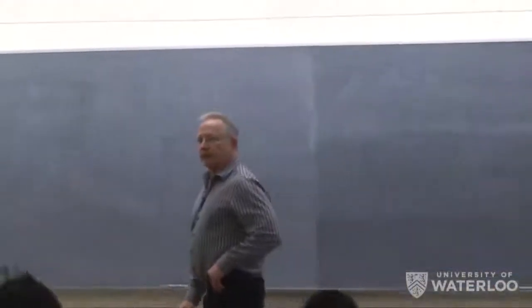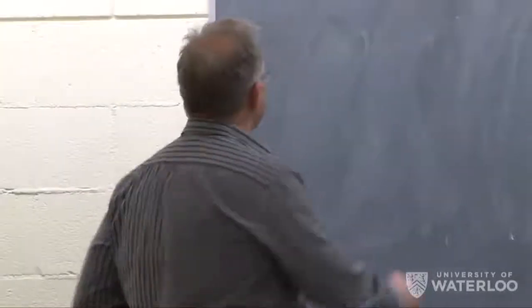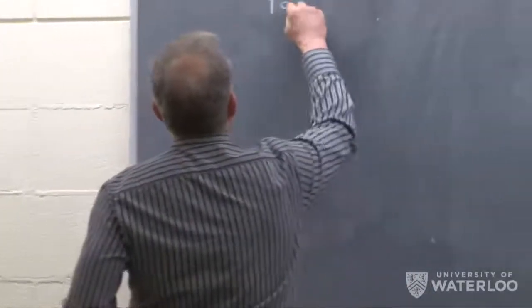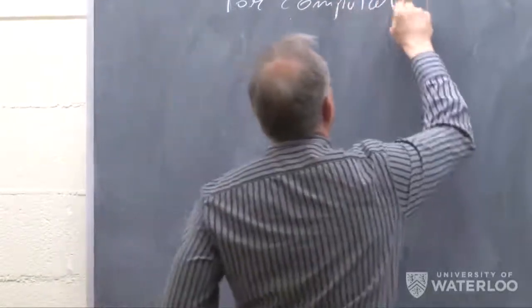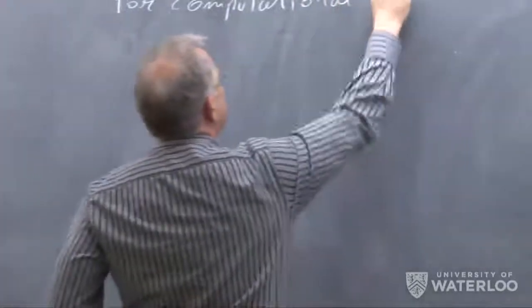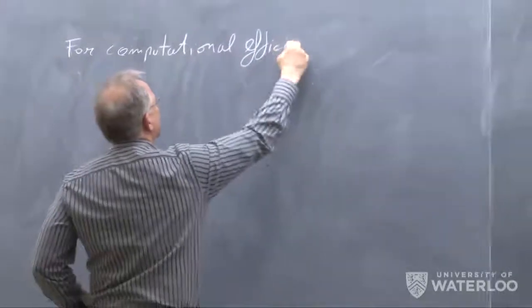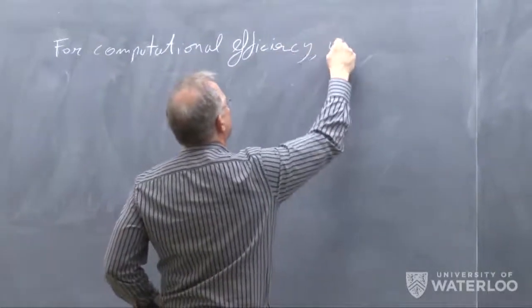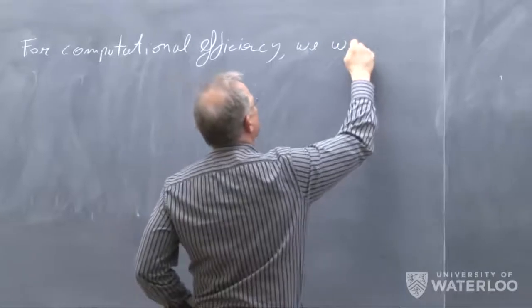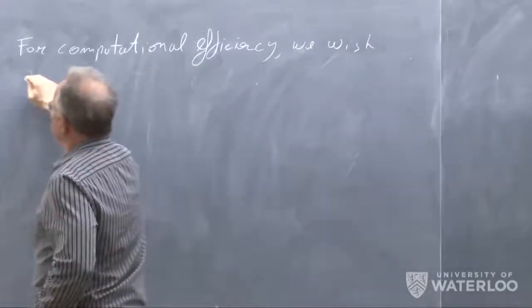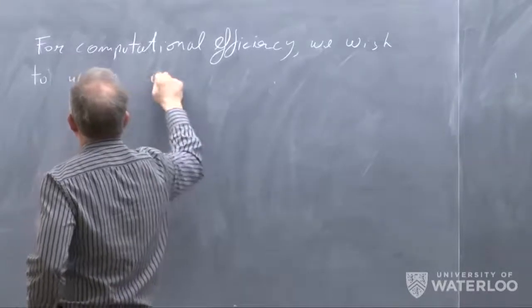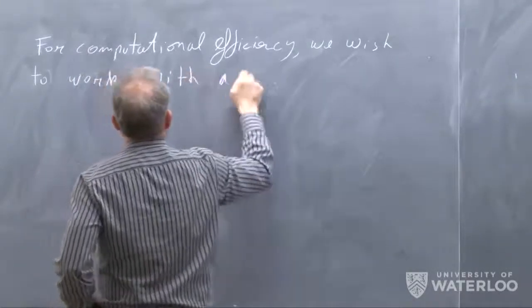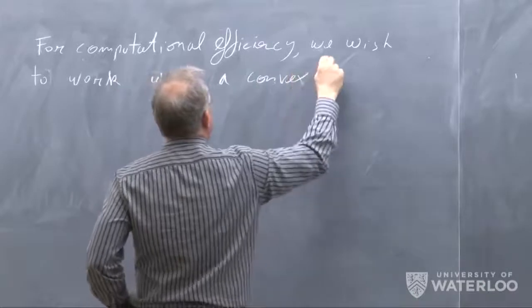So last time we were talking about the notion of a surrogate loss. So the point is that for computational efficiency, we wish to work with a convex loss function.